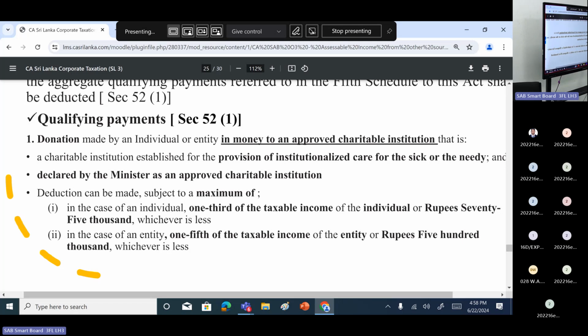Right. The important thing here is it should be a cash donation, and that needs to be made to a charitable institution. The definition is that this institution is established for institutionalized care. That means there should be an institution for the sick or needy, and that particular institution needs to be approved by the minister.